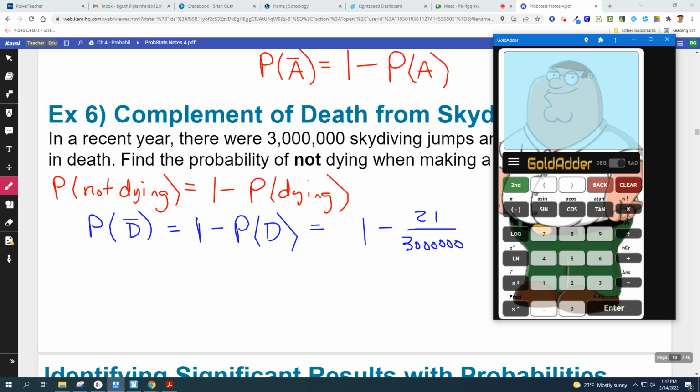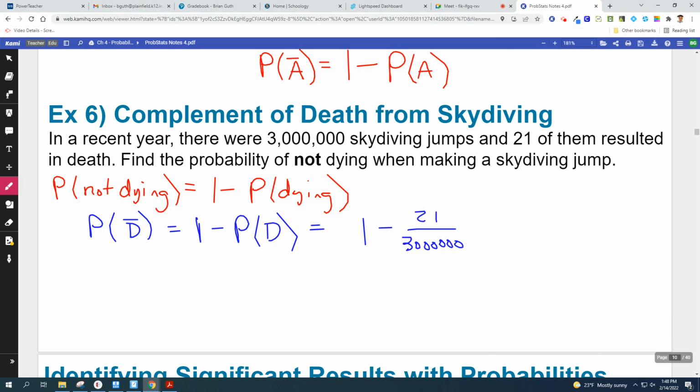I'm definitely using the calculator here. 1 minus 21 over 3 million is 0.999993. And that makes sense because remember the answer before was 0.000007. So of course, when we subtract, we're getting 0.999993.